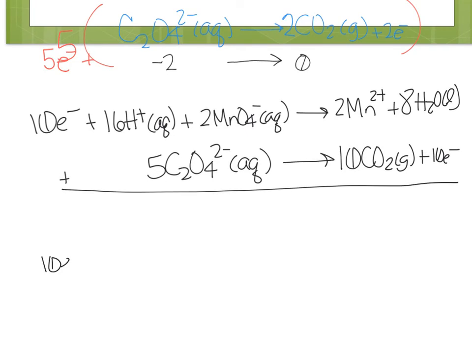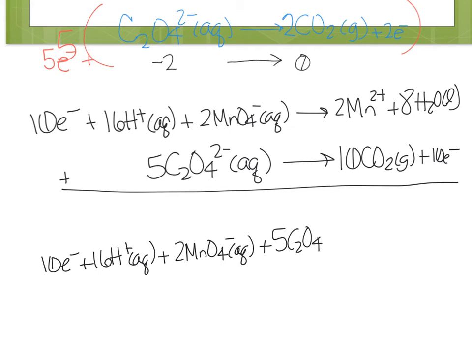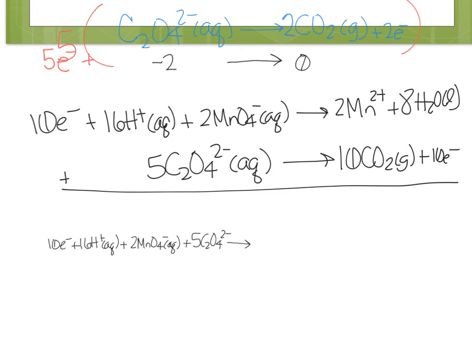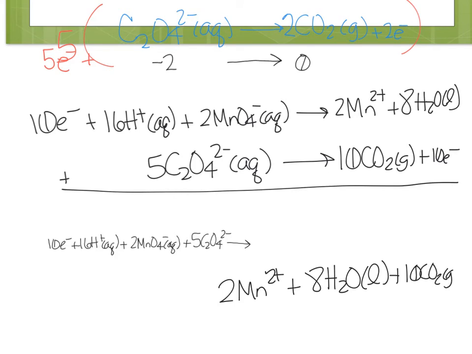So I'm going to have 10 electrons plus 16H plus 2MnO4 minus plus 5C2O4 2 minus yields 2Mn2 plus 8H2O liquid plus 10 CO2 gas plus 10 electrons.